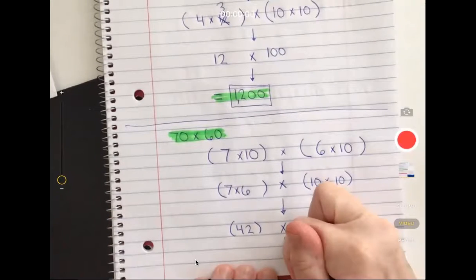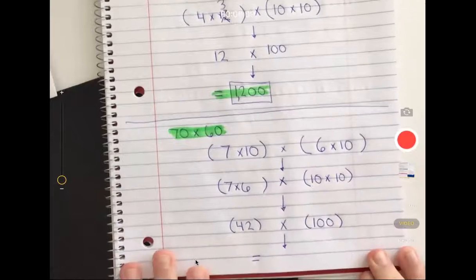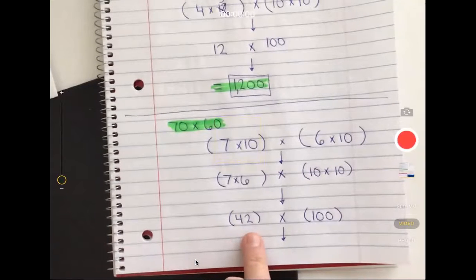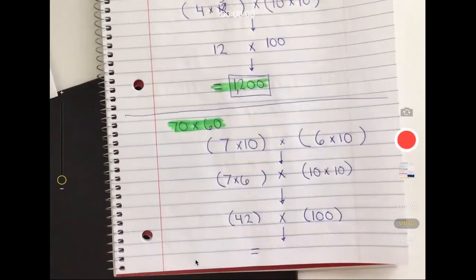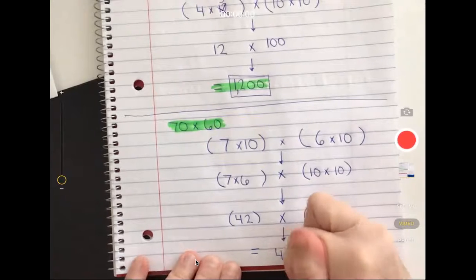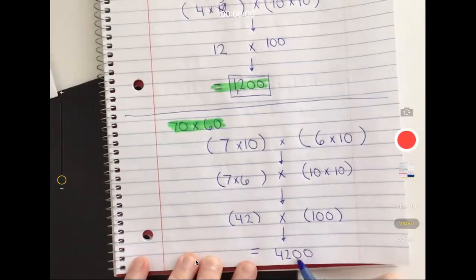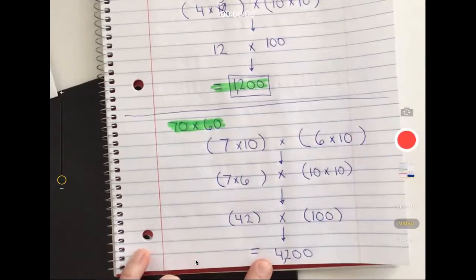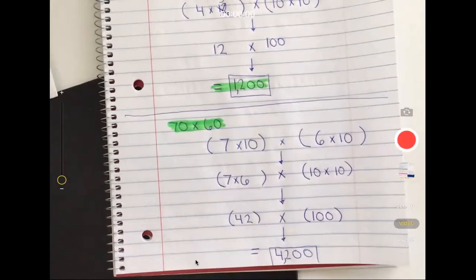All right, one final arrow that's going to give us the answer. This reads 42 groups of 100. That means I have 4,200. And that, my friends, is the answer.